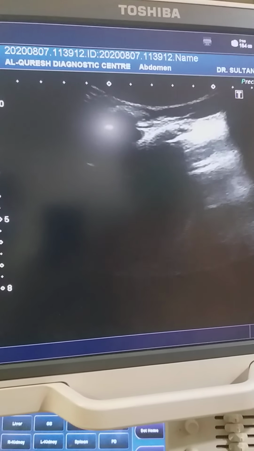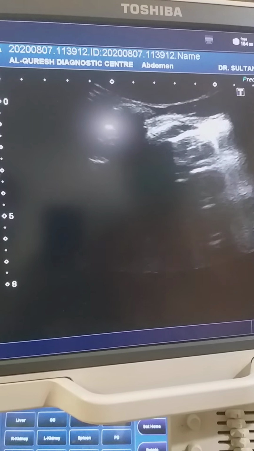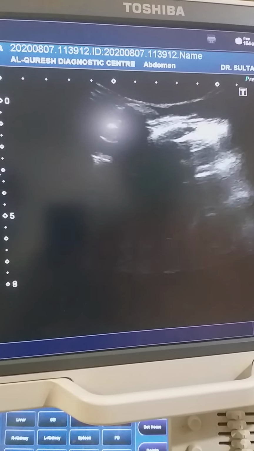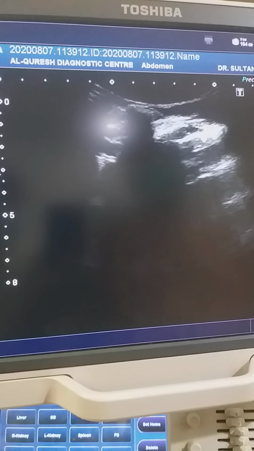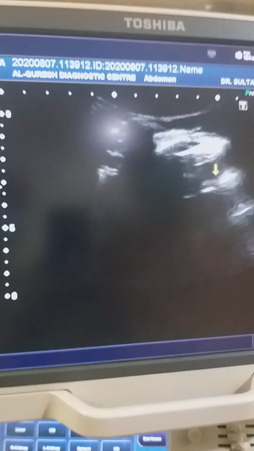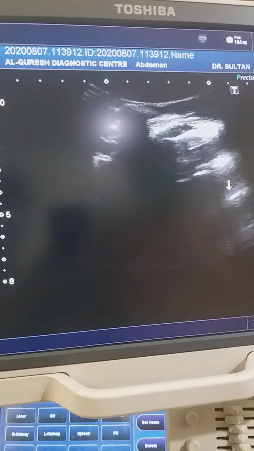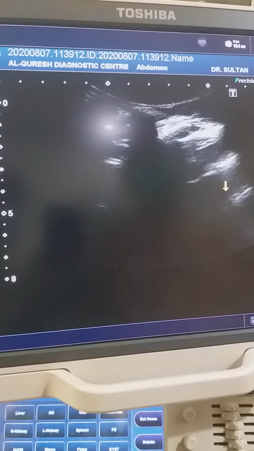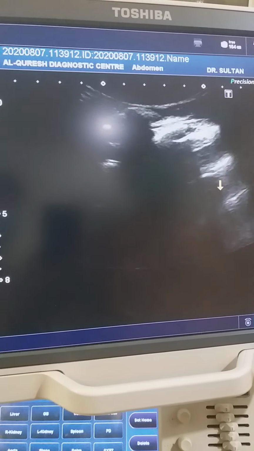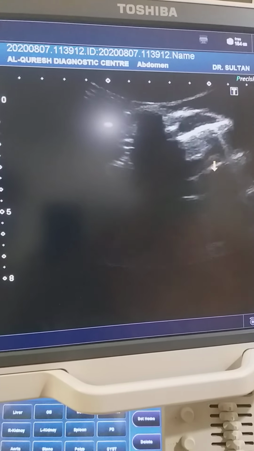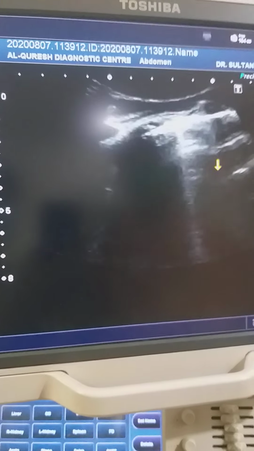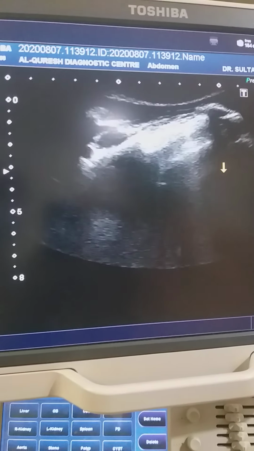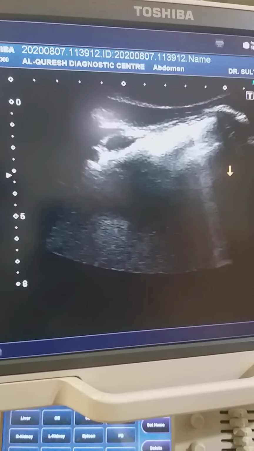When I make the probe perpendicular to the pleural line, then these lines become visible. So the probe direction must be perpendicular to the pleural line if we want to get the findings and want to see the A and B lines.